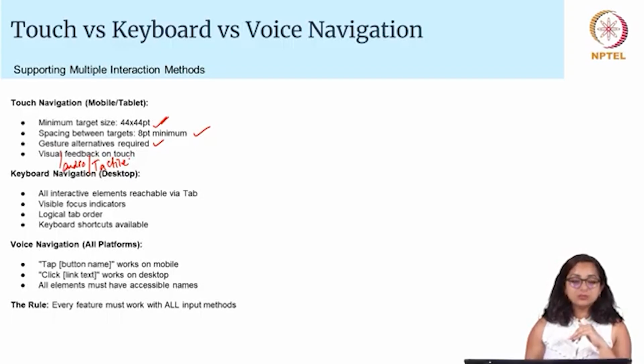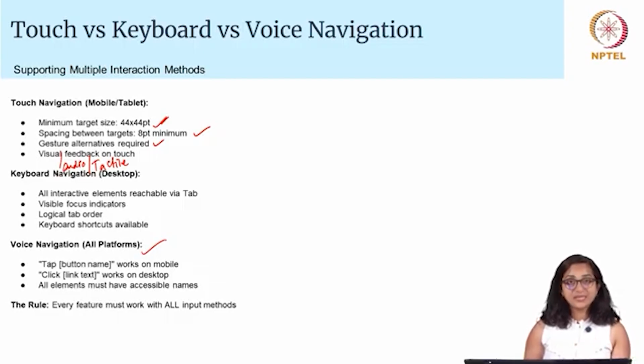Keyboard navigation. So all interactive elements are reachable via tab, visible focus indicators, logical tab order, keyboard shortcuts are available. Voice navigation on all platforms is required, right? So tap button, if you say tap, this works on mobile, this works on everything. If you say click, that works on desktop.